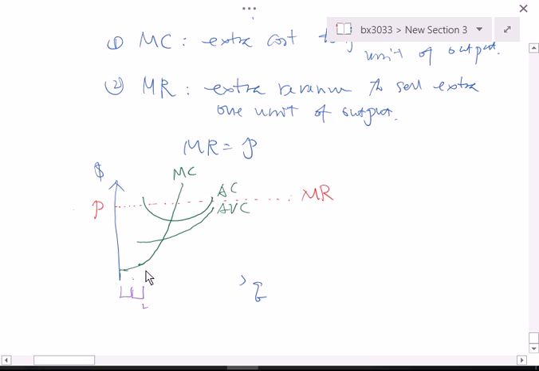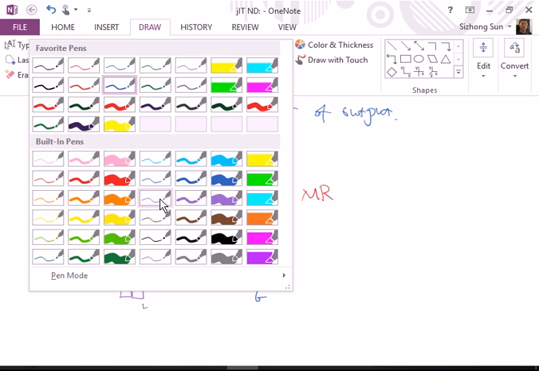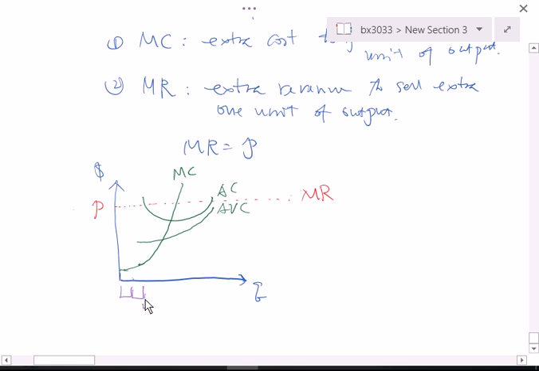Similarly, repeat this exercise until this unit. Let me call this Q.